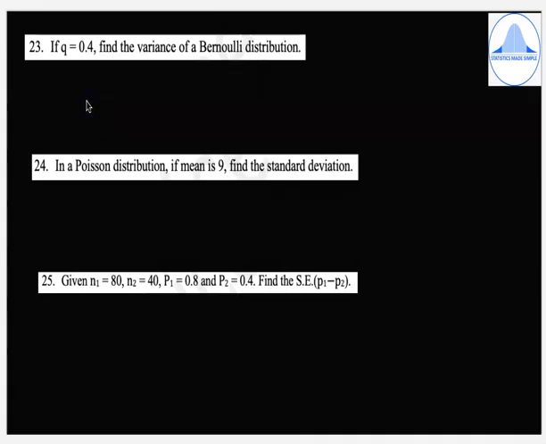23rd question, if Q is equal to 0.4, then find the variance of a Bernoulli distribution. So let's write down what is given. So Q is equal to 0.4 implies that P is equal to 1 minus Q, which is equal to 1 minus 0.4, that is equal to 0.6.